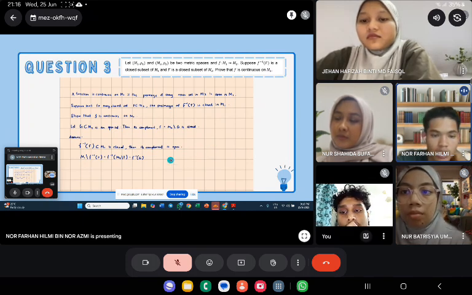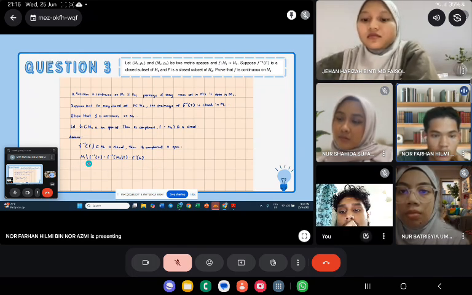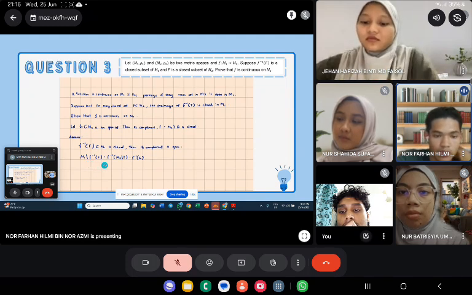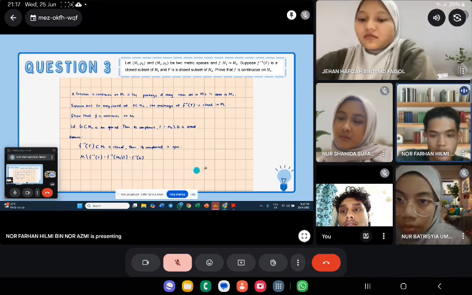So you assume f inverse of F, a subset of M1, is closed, then its complement is open. So you can see M1 minus f inverse of F equals f inverse of (M2 minus F), and also equals f inverse of G.